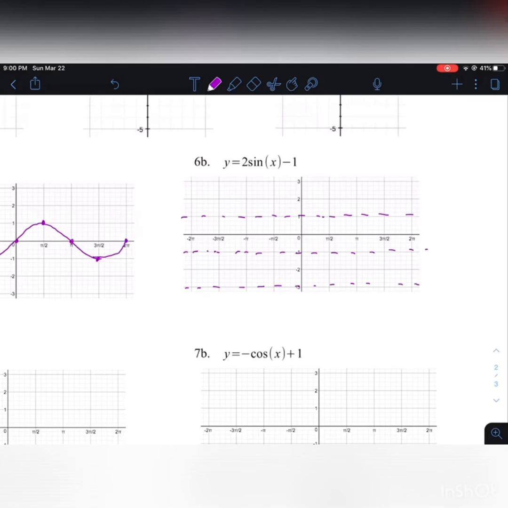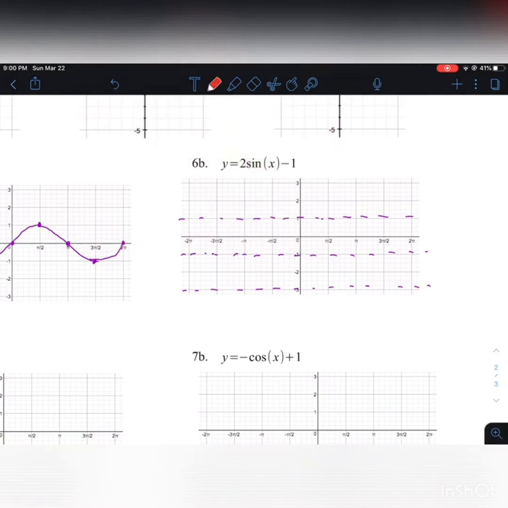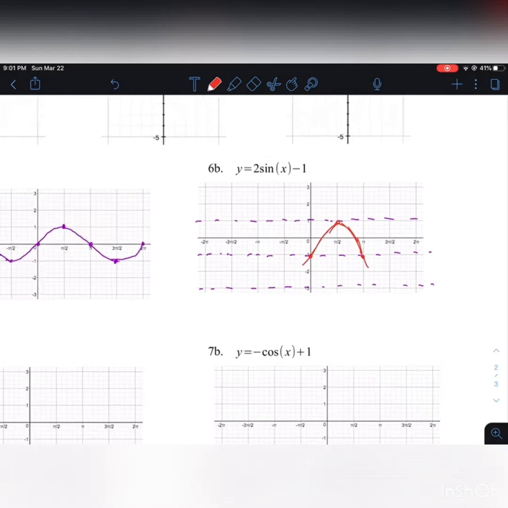So there's the graph's middle, top, and bottom. So now this one, the sine graph would start at its middle. Now it goes middle, top, middle, etc. So there's this smooth curve. And then it keeps going both directions. You can continue that one.